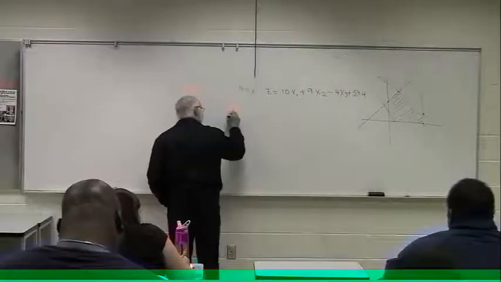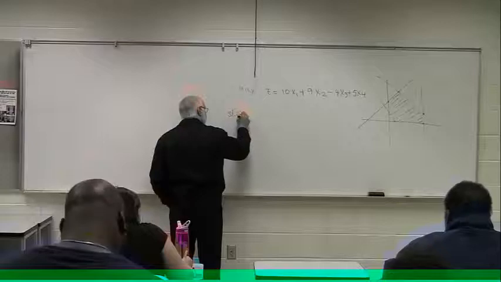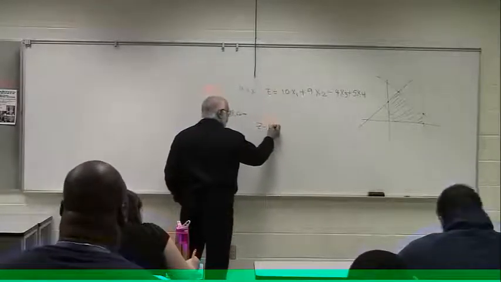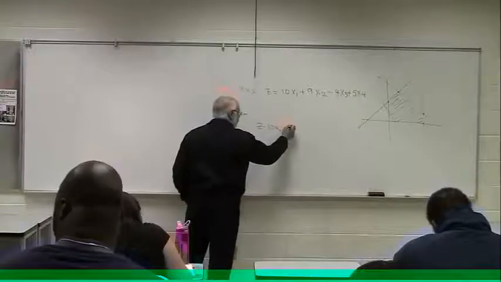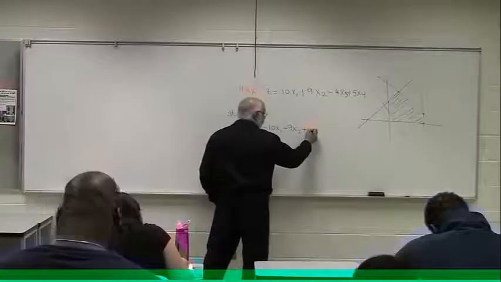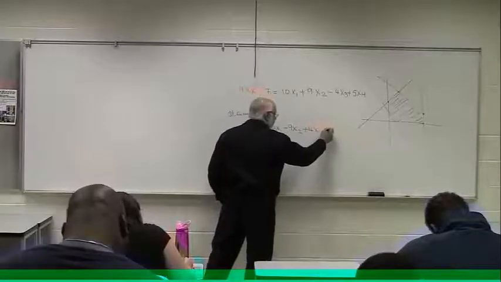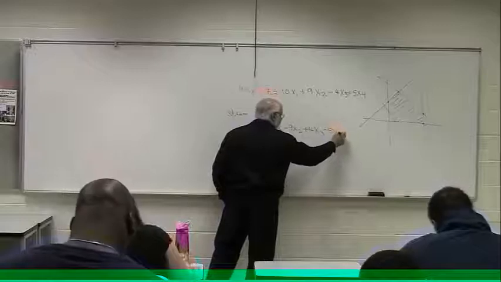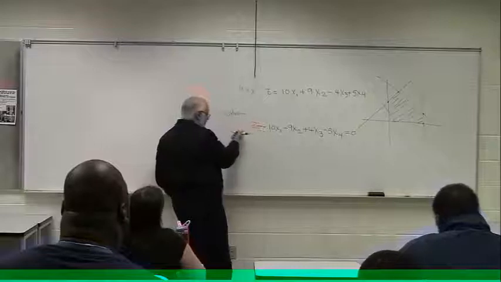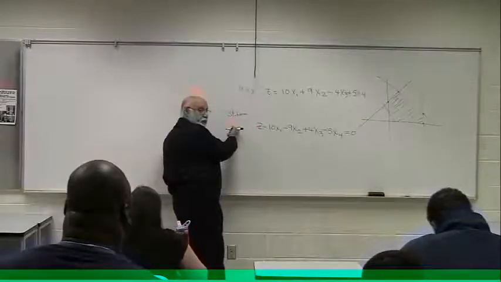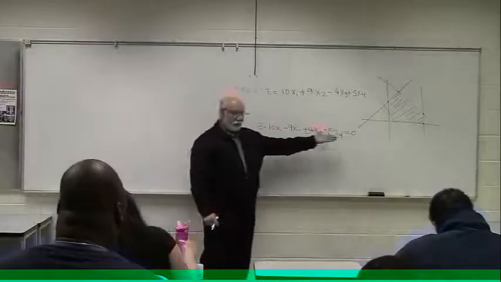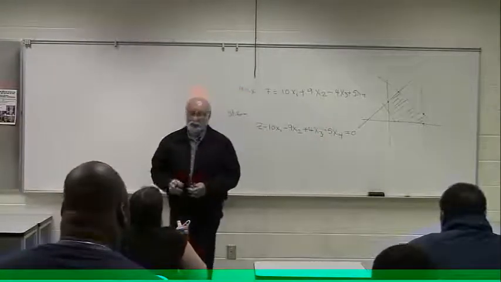In a standard form, that line reads z minus 10x1 minus 9x2 plus 4x3 minus 5x4 equals 0. There is no equal sign here. There is no max here. It is like a regular equation.